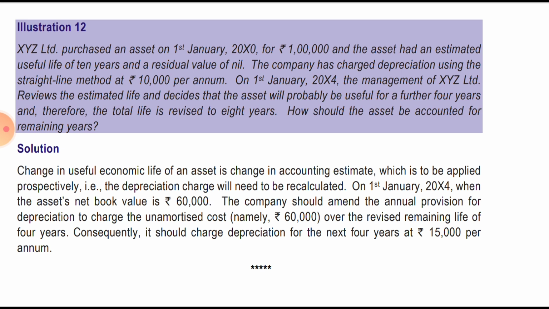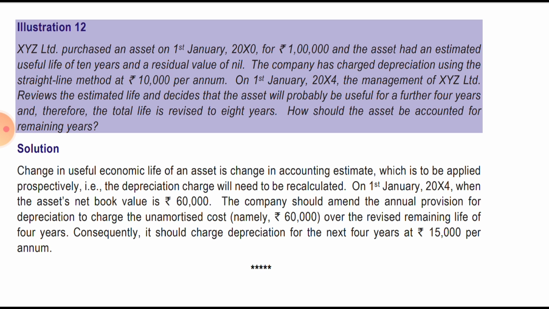So the remaining was 6 years, but now it is only 4 years. So 60,000 divided by 4, so 15,000 will be the depreciation every year. How should the asset be accounted for the remaining years? Simple, in the 7th year the closing value will be 60,000 minus 15,000, that is 45,000.